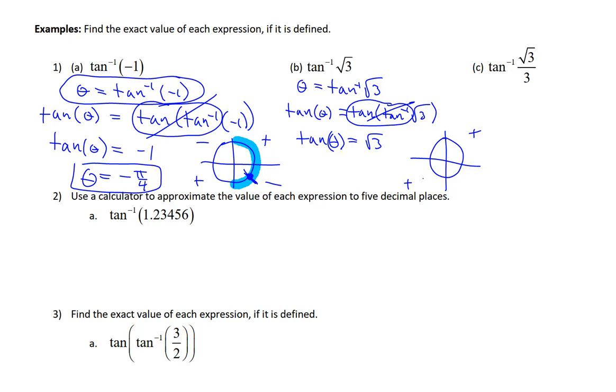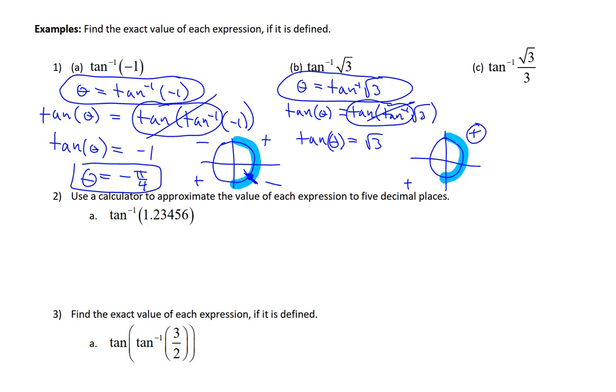Well, in this case, again, we have to utilize the range of tangent inverse, since that's really what theta is representing. And as we just did, recall that tangent inverse is defined from -π/2 to +π/2. So really quadrants 1 or 4. And in this case, we're looking for where it is positive root 3, which would be in quadrant 1. That's where it's positive.